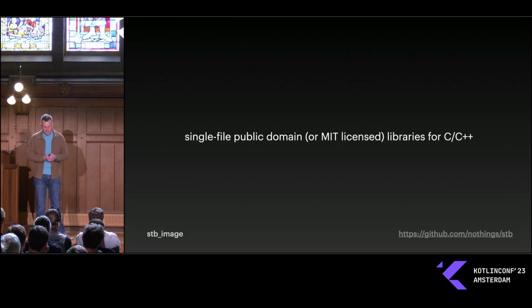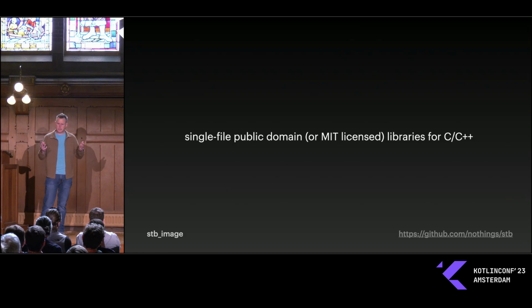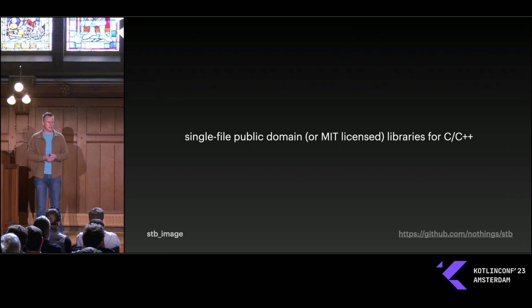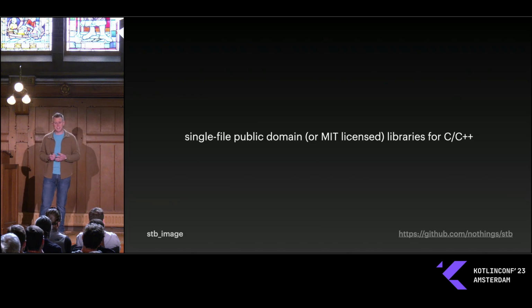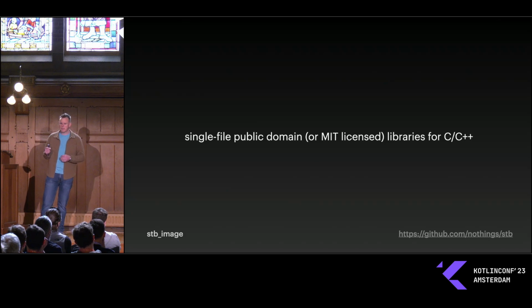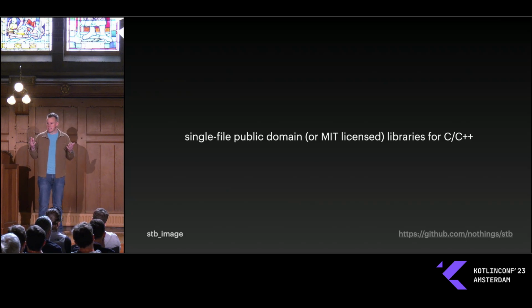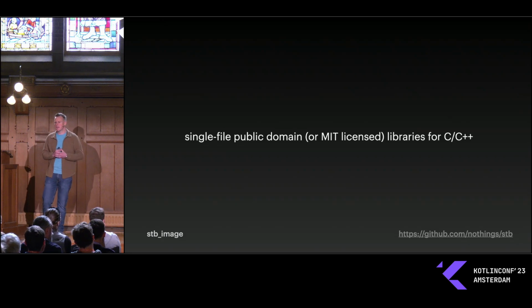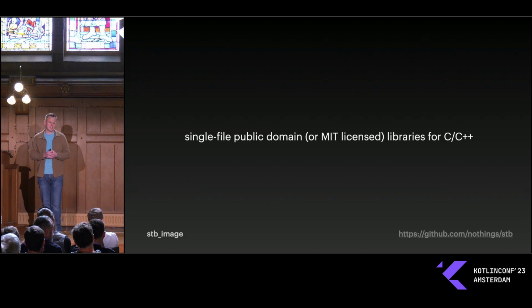And so the idea, not necessarily for your production builds, but if you're working on internal tooling or a weekend hack project, the idea of having a single file library in that C, C++ world is really nice. It makes managing dependencies a lot easier.